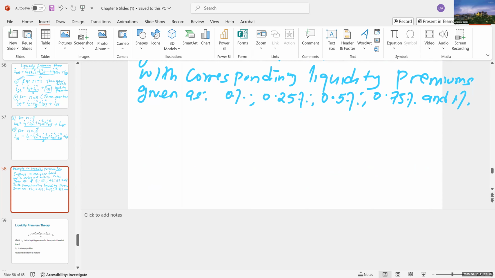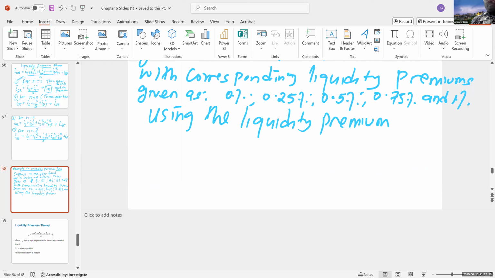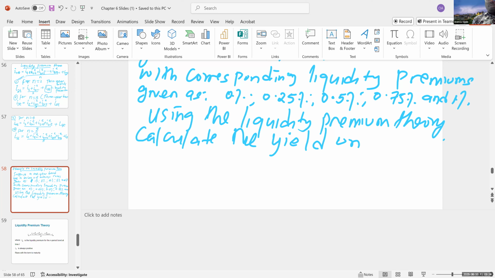Then I say, using the liquidity premium theory, calculate the yield on, Roman 1, so this is part A, 2-year bonds.